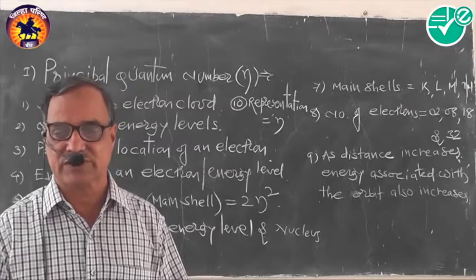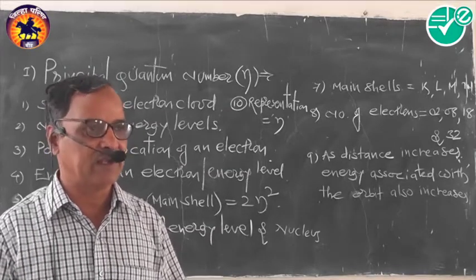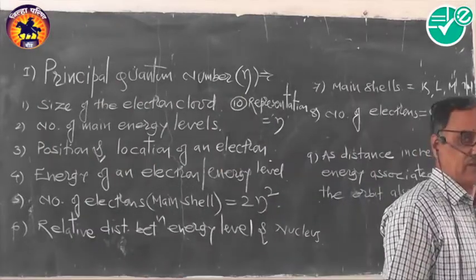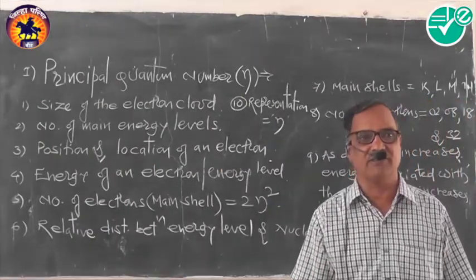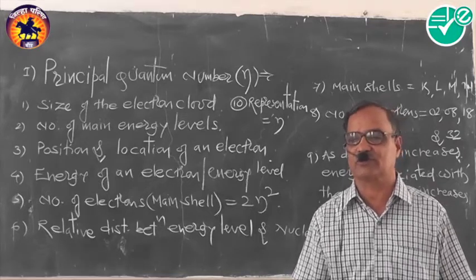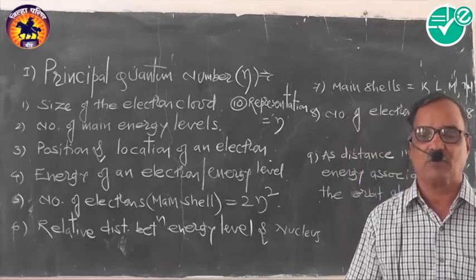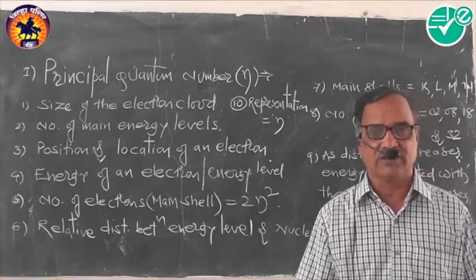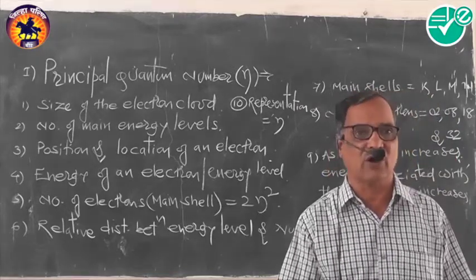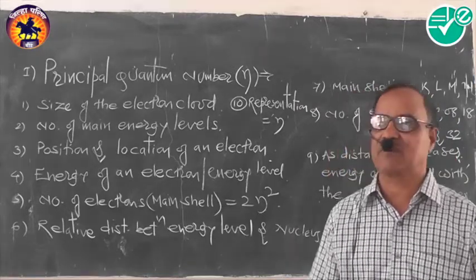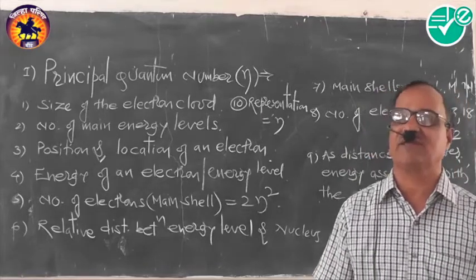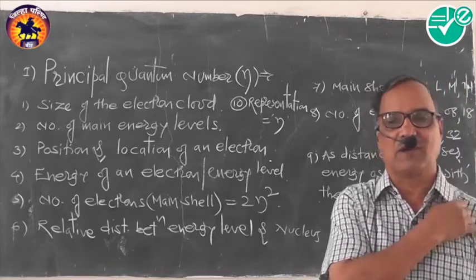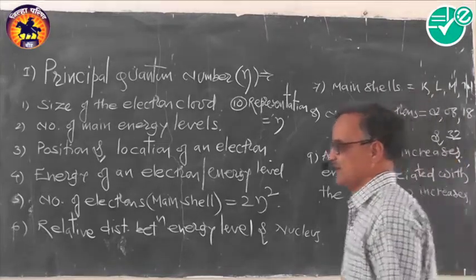Or in simple words, quantum numbers are classified on the basis of position of an electron around the nucleus, that is, the position in the main energy level, which is also called the main shell; the position of an electron in the sub-energy level of the main shell; third, the position of an electron in the orbit in the sub-energy level; and the spin of an electron around the nucleus, that is, either clockwise or anti-clockwise direction.